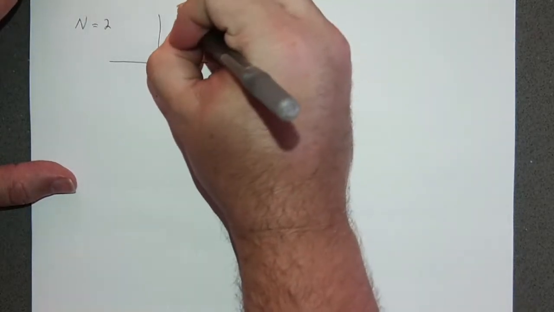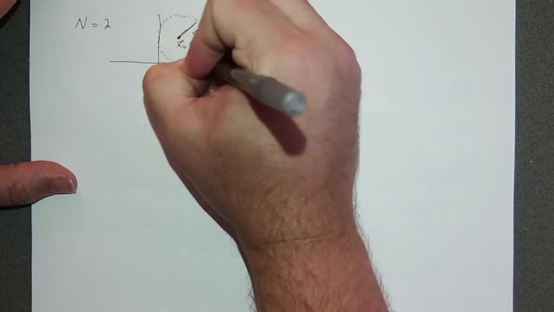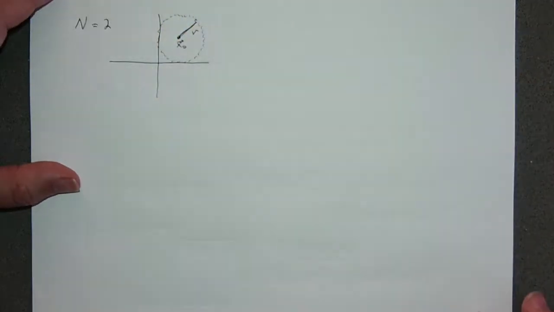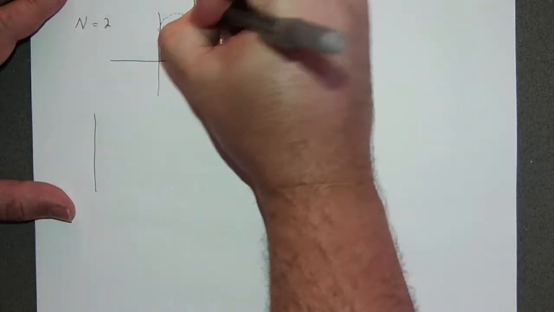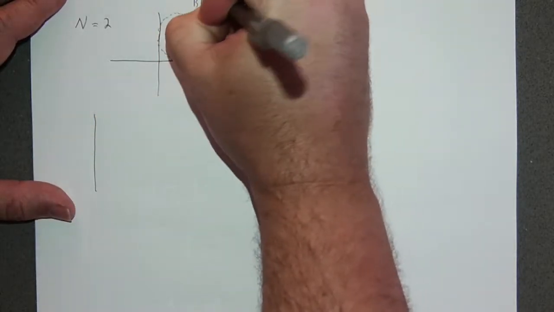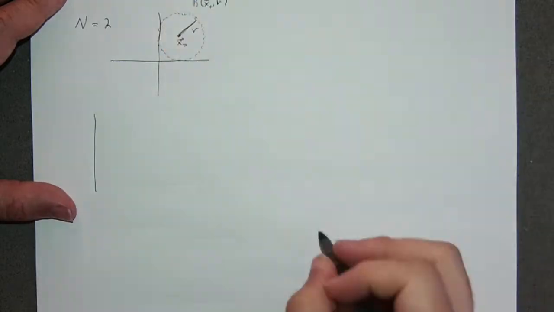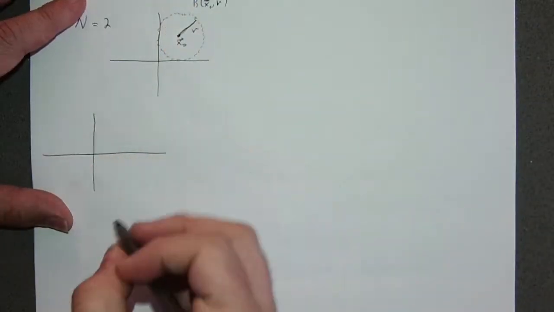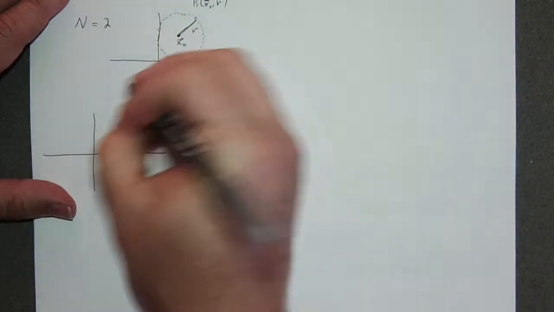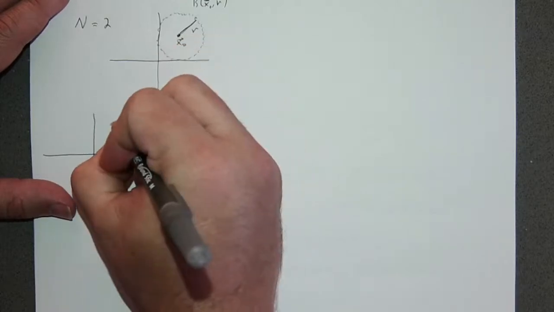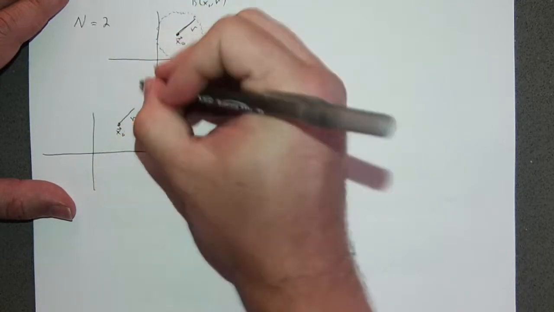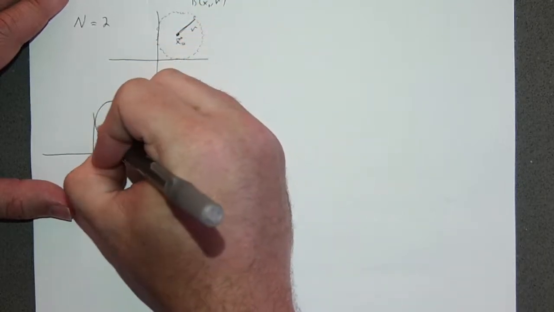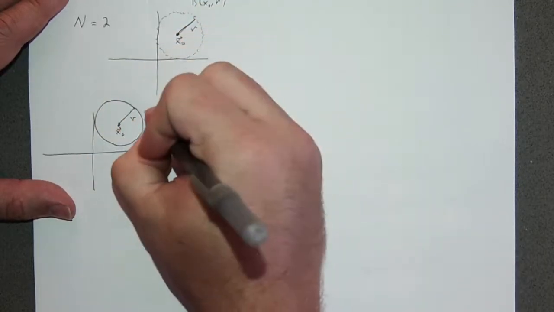If it's the open ball, it's this. The closed ball, of course, includes this boundary. Right, this is the closed ball.